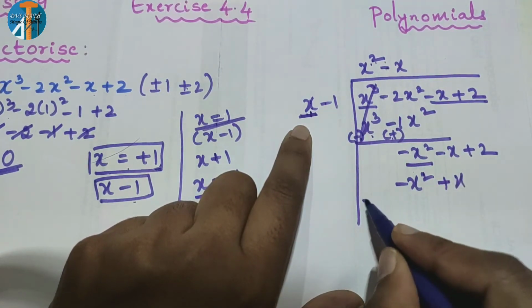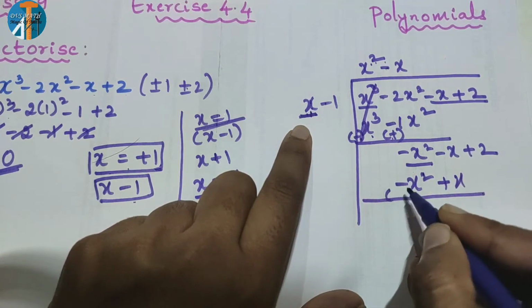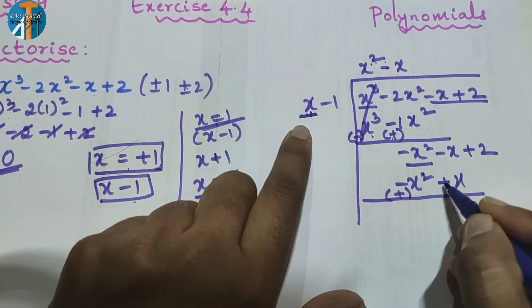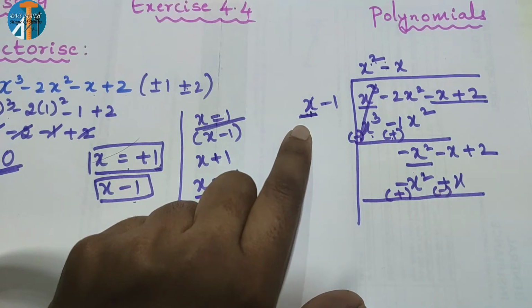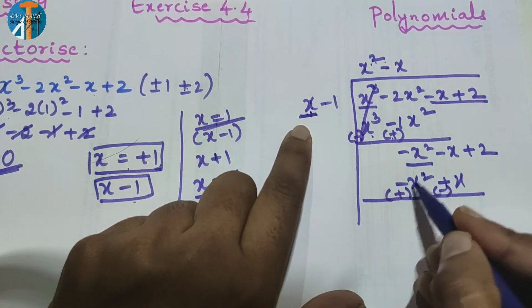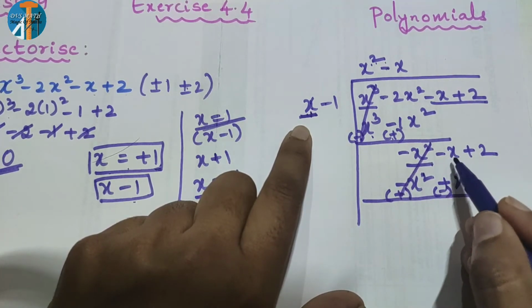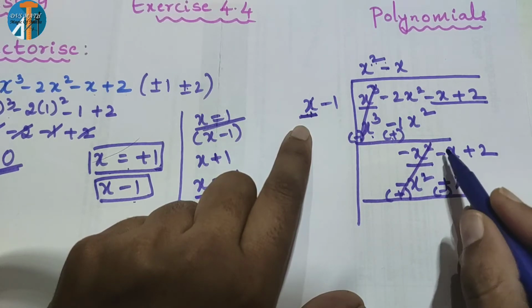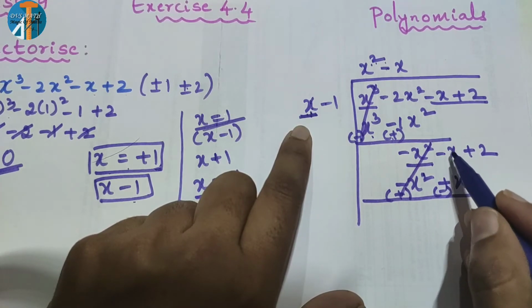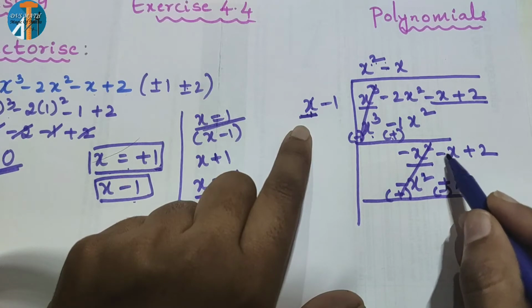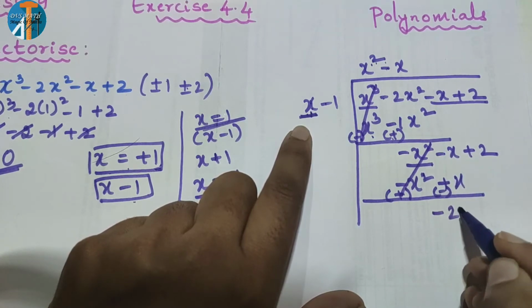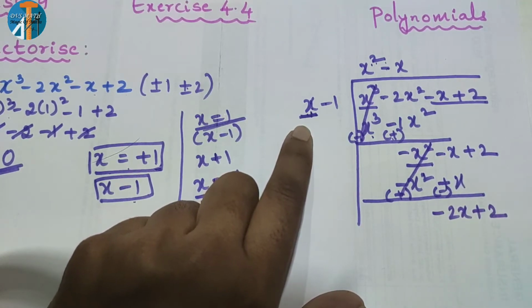Now clear? So now again changing the sign, minus we have to change into plus, plus we have to change into minus. So now minus x square plus x square cancel. Now again observe minus 1 here, if anything is not there you have to consider it as 1. So minus 1, it is minus 2x plus 2.